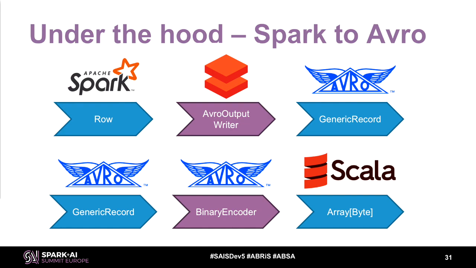So this generic record, we pass it through this binary encoder, which is also part of the original Avro library, and then we have an array of bytes in Scala containing the Avro payload. So basically reusing and adding some code in some of the parts, and making the feature, in this case to Avro, so it solved our business case.